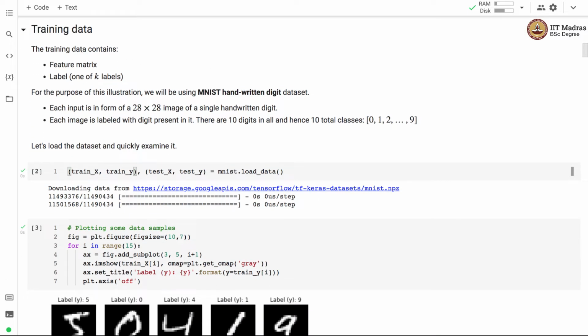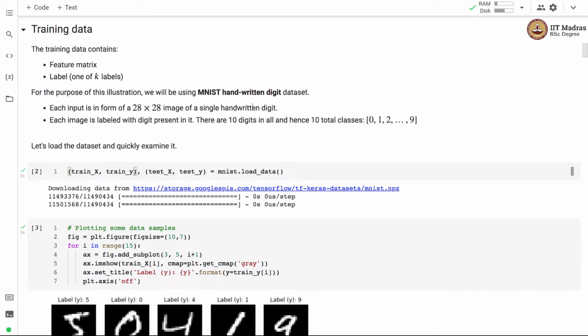The training data contains a feature matrix and a label, and here the label is actually the multi-class label. So there are more than 2 classes. This is one of the k labels that we will be having for each example. For the purpose of this illustration, we will be using the MNIST handwritten digit dataset. You are well familiar with the MNIST handwritten digit dataset in the machine learning practices course.